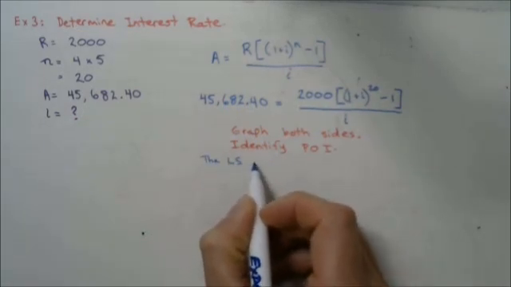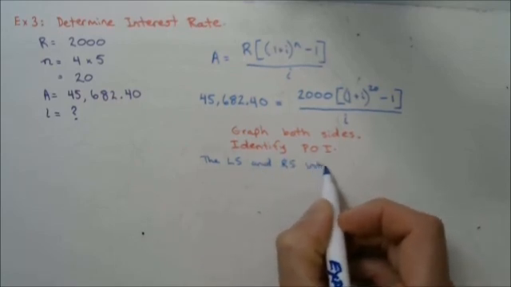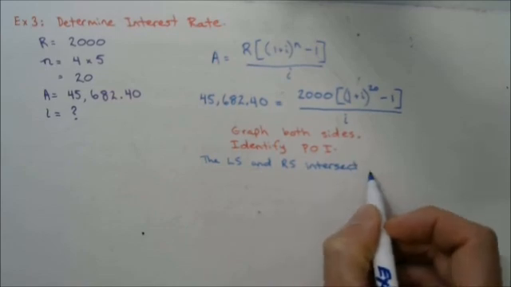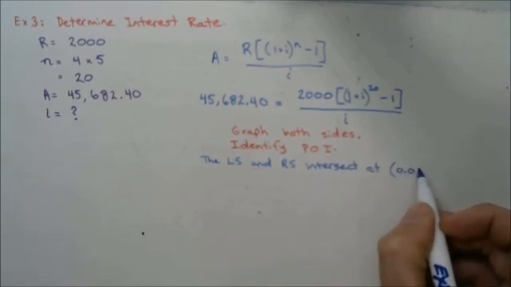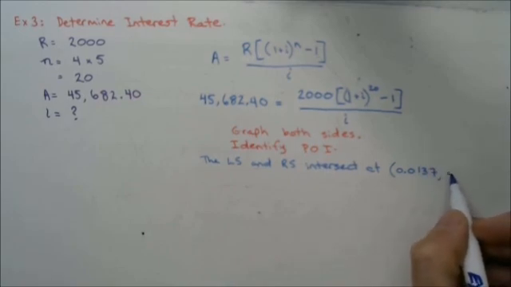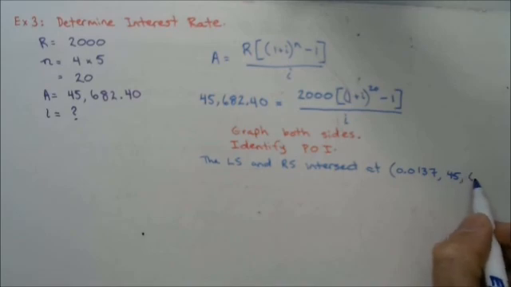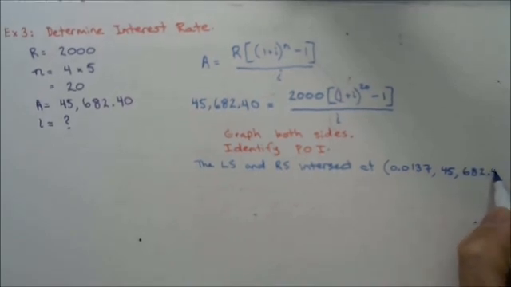They intersect at the left side and right side intersect at 0.0137, comma, 45,682.40.